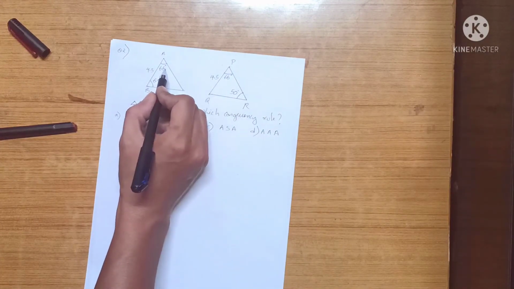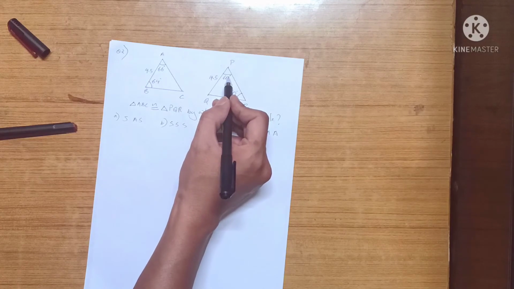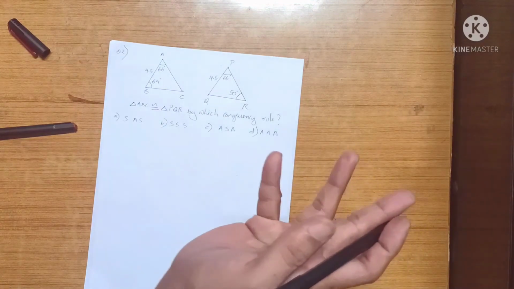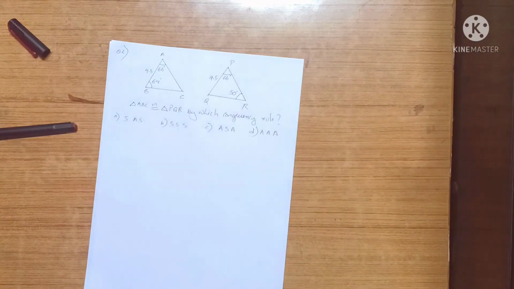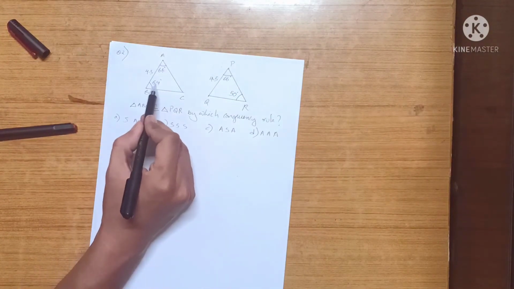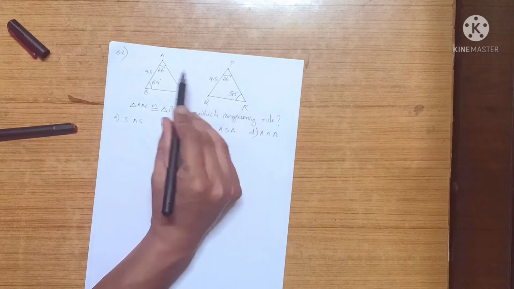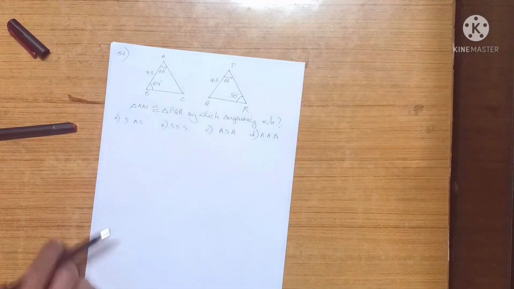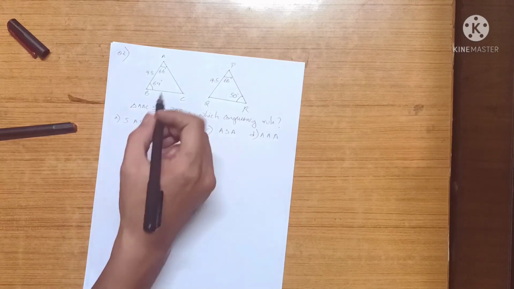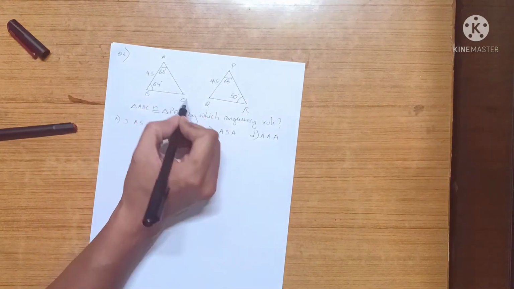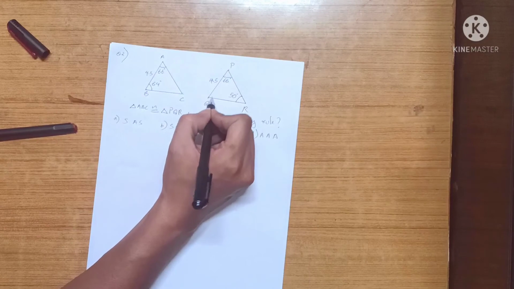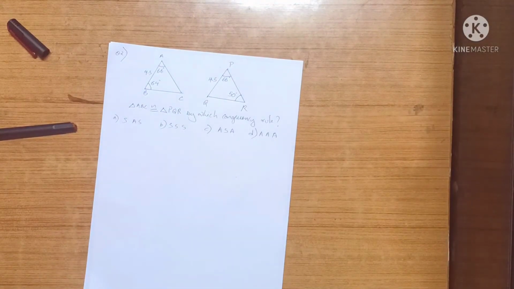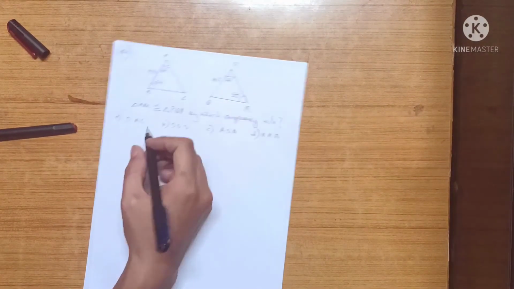They've given us angle A and angle P, which are also the same, but the third angle is not the same. This is 66 and this is 64, and this is 50. But like the question we did before, we can find the third angle also. So we're trying to find the third angle for both cases, or maybe one of the triangles, and let's see.